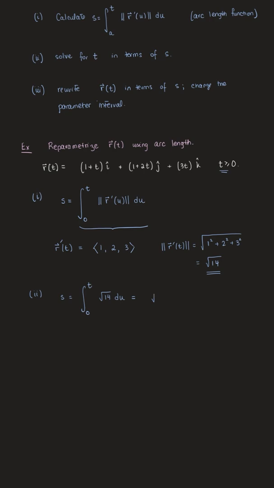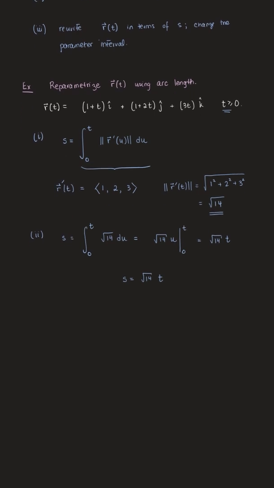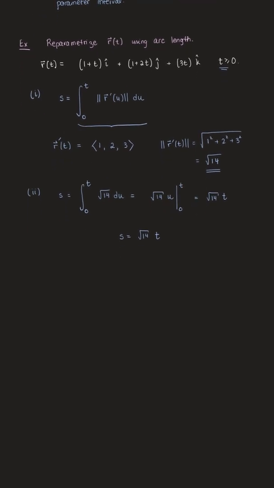And so this is just going to be root 14 u when we find the antiderivative, and we're integrating from 0 to t, and that's just going to give us the square root of 14 times t minus 0. So we have that the arc length is root 14 t. s is not equal to t, but it's a multiple of t.